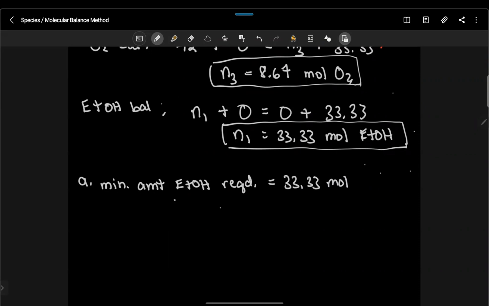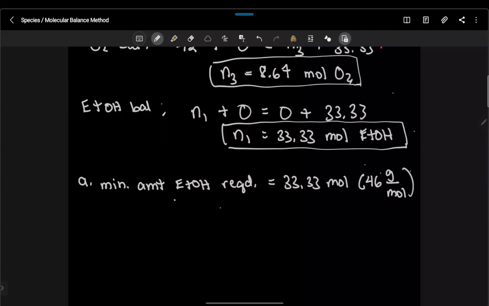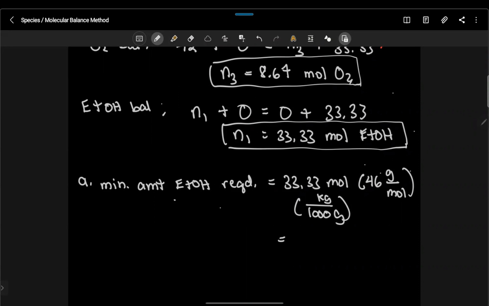Pero gusto kasi natin dito siguro ay in terms of mass, di ba? Or kilogram siguro. So that's 46 gram per mole. Okay? Convert natin siya sa kilogram. So 1,000 gram ang isang kilogram. Therefore, ang sagot dito ay 1.533 kilogram of ethanol.